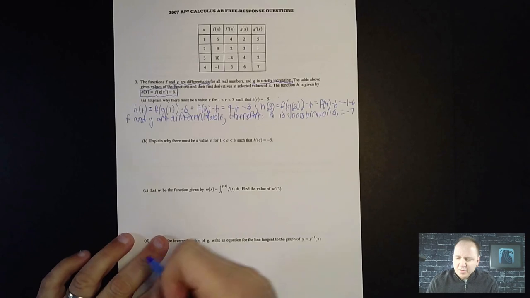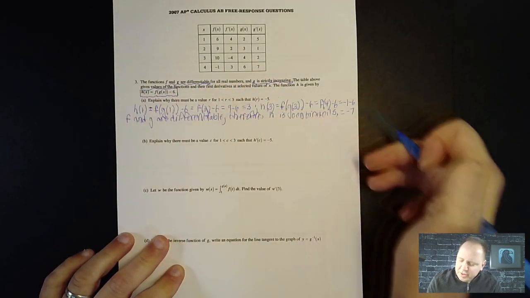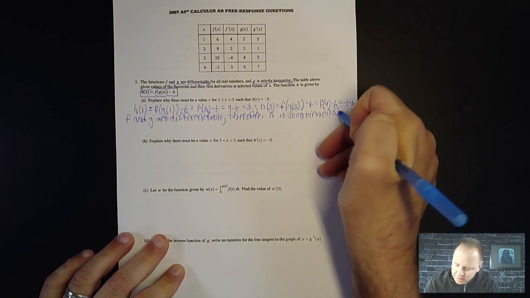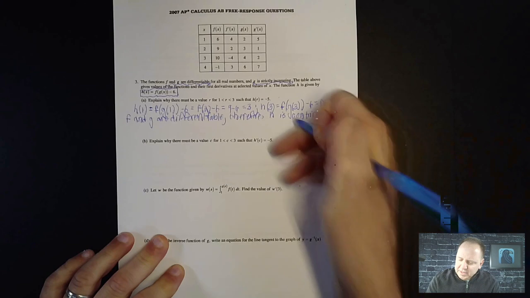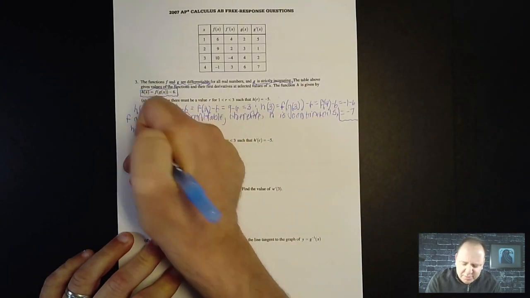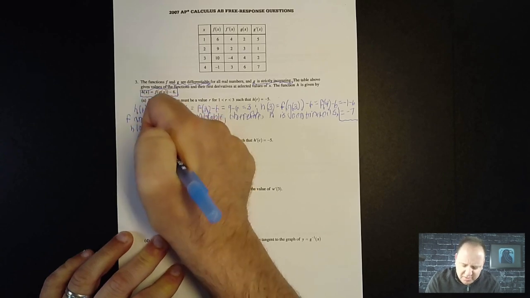Now here's what I would write. I would go left to right, so my lowest value is at h of 3. I always set up a compound inequality when it comes to the intermediate value theorem.